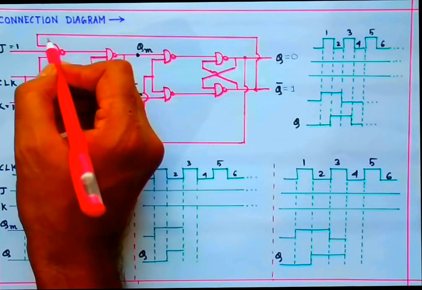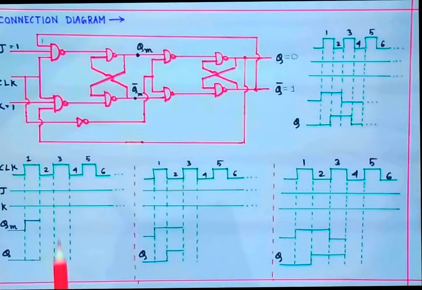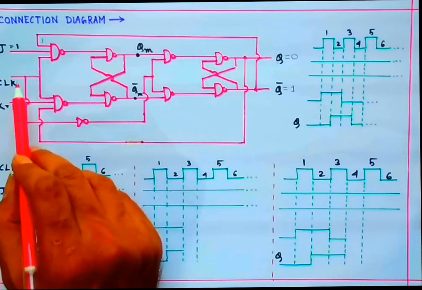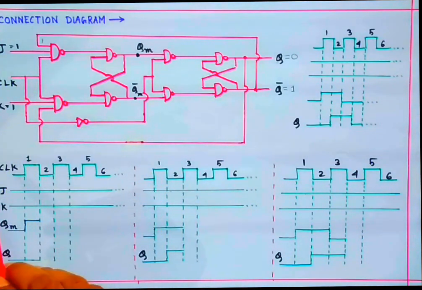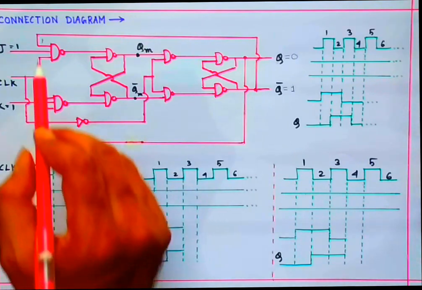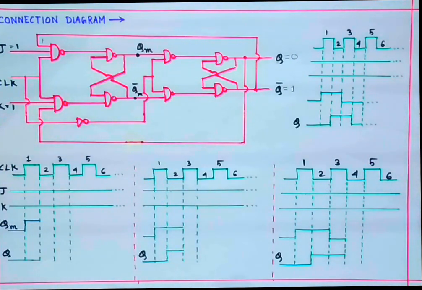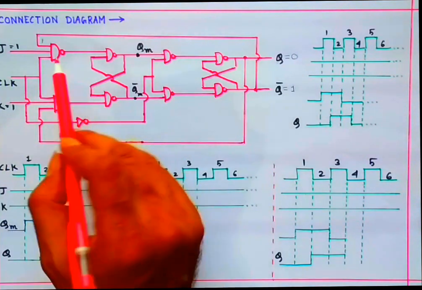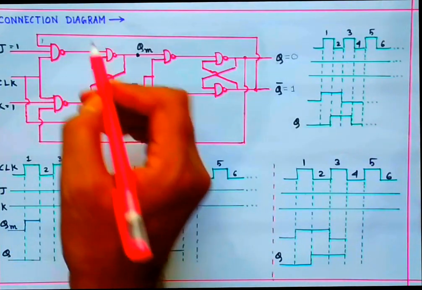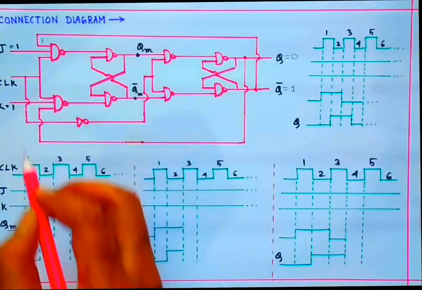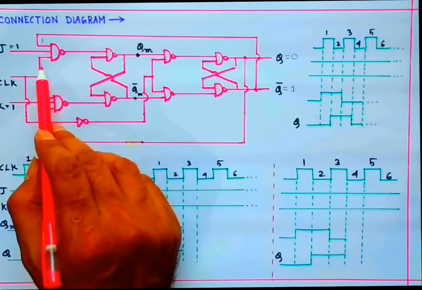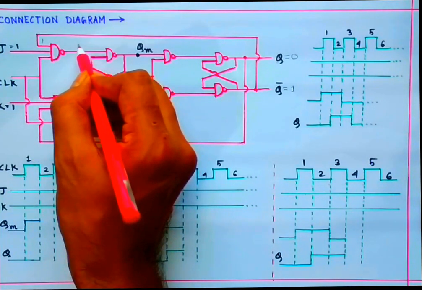That means this input is 1 and J is 1 and clock is 1. Here we are considering 1, that means the clock is also 1. So the inputs are all 1. That means the output will be equal to 0.